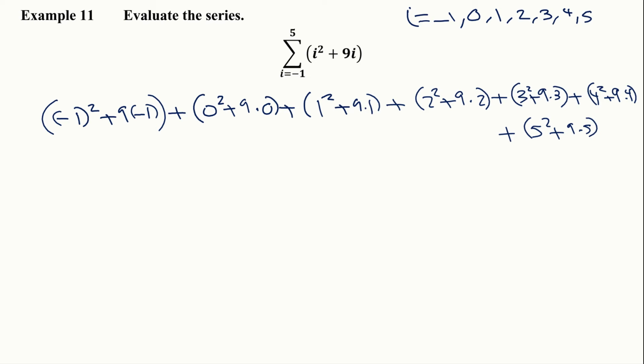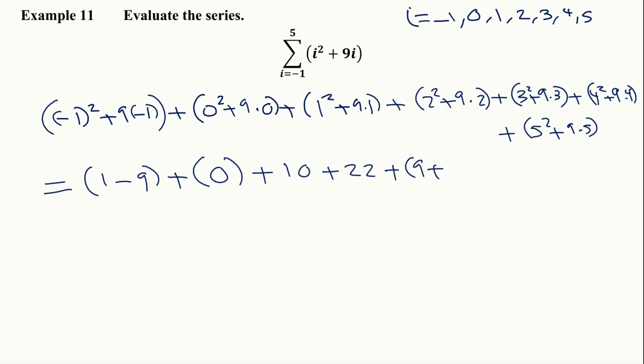All right, so carefully, right here we have 1 minus 9, right? So 1 minus 9 plus, try not to do too much in your head. That's where mistakes happen, right? And then that's just going to be 0. Next, we're going to have 1 plus 9. That's simple enough. I'm just going to put 10. Plus, that's going to be 4 plus 18, right? So 22. Here we have 9 plus 27.